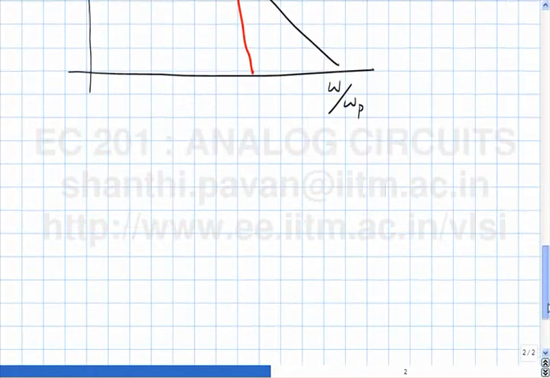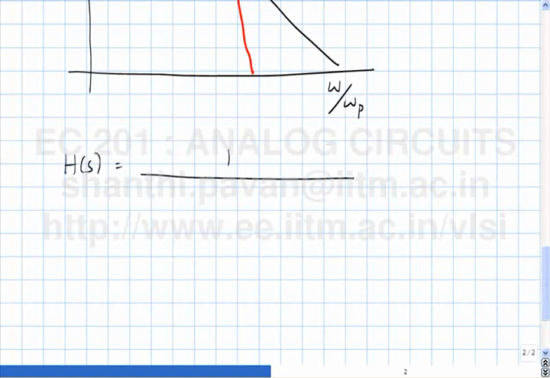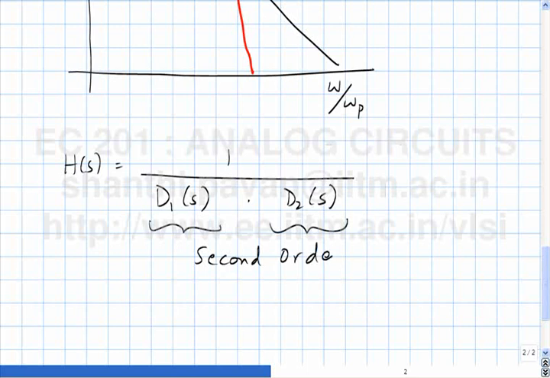For example, let's say we had an all pole fourth order filter. So let's say H(s) was of the form 1 over D1(s) times D2(s), where each of these are second order denominators.